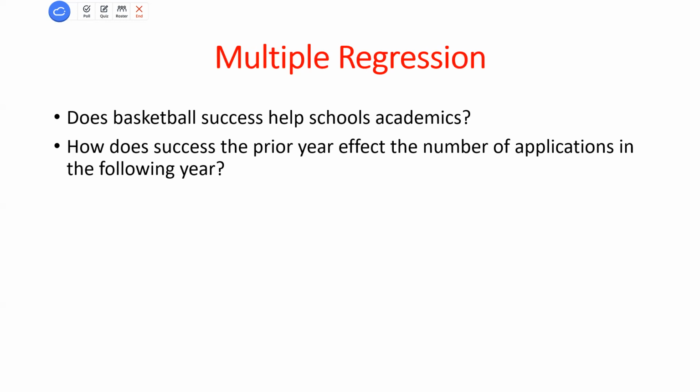Or it would be like Rose-Hulman. Rose-Hulman doesn't have a program, but they have an amazing engineering program. I didn't know that until I went to their website. So maybe this success that I can pay for actually increases the number of applicants I get. If I get more applicants, I can be a little bit choosier and increase the quality of my student body. So we'll look at some regressions that get at this idea.